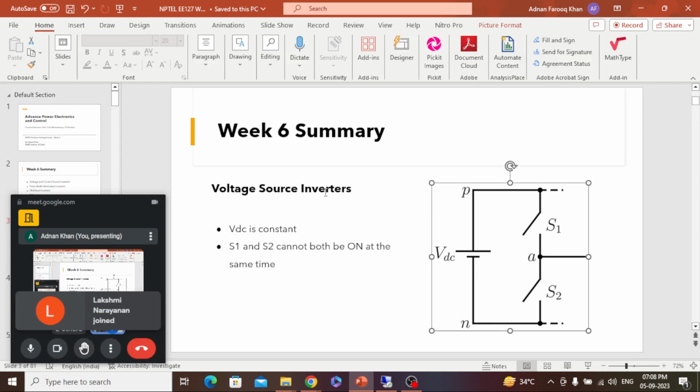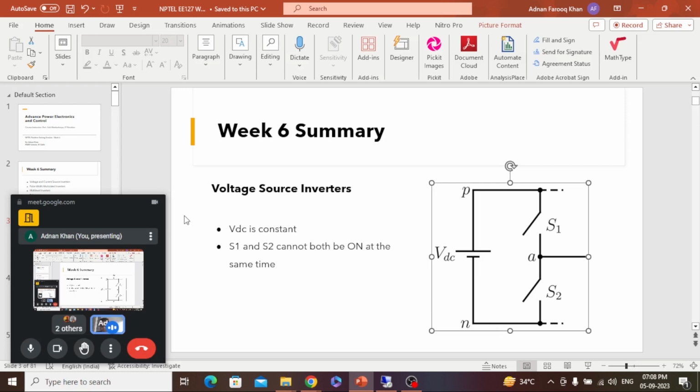What do we mean by an inverter? It is a converter: if we have a DC and we want an AC from this DC, the converter used for this DC to AC conversion is called an inverter.